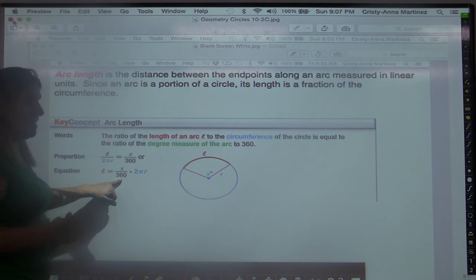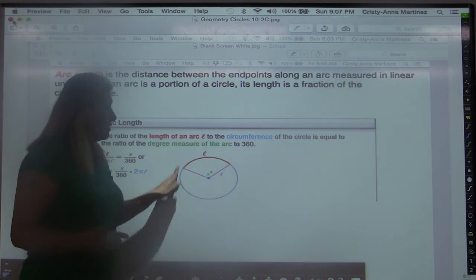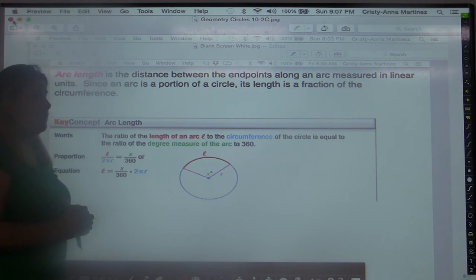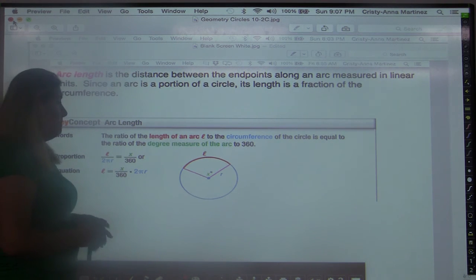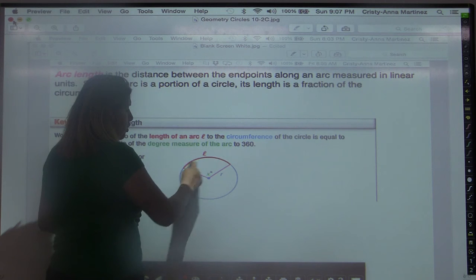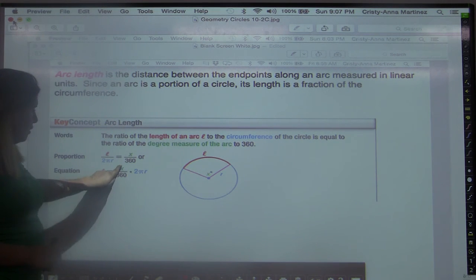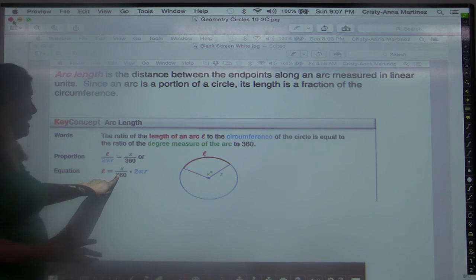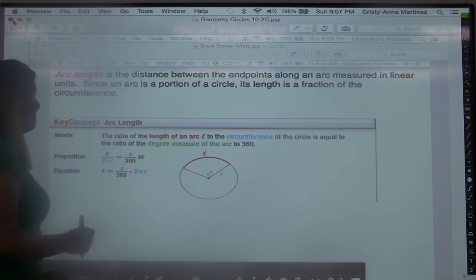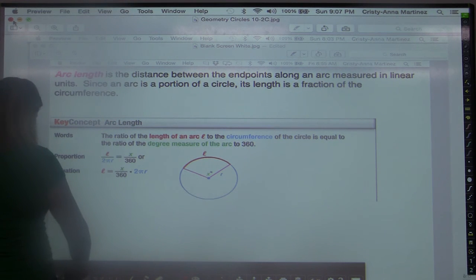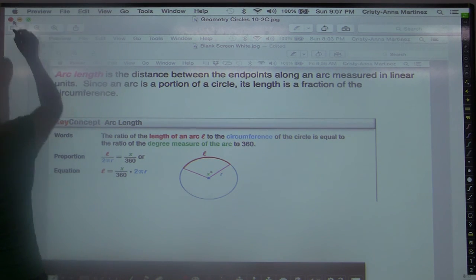So it would be saying that it's half of the circle's circumference. So if I know the circle's circumference, then the arc length of half the circle would just be half of the circumference. So all this fraction is telling you in the beginning is what fraction of the whole you actually have. So I hope that makes sense. And if it doesn't, maybe in the next example it will.